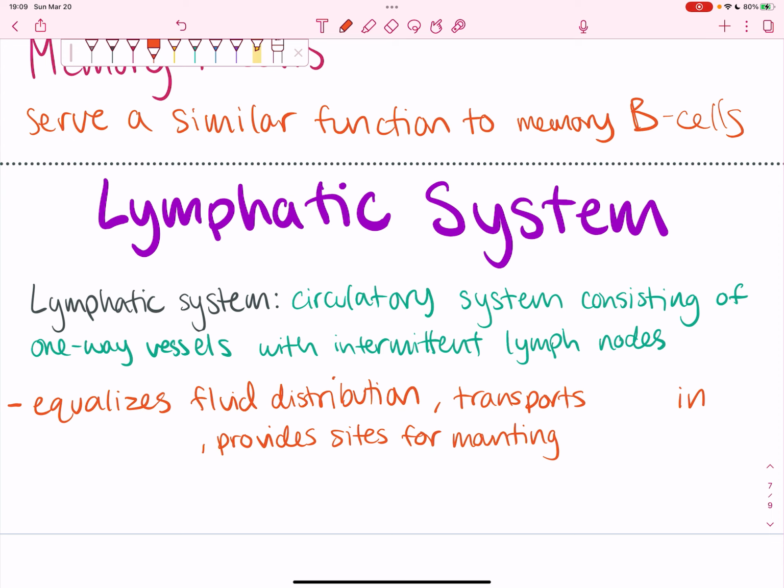Also transports fats and fat soluble compounds in chylomicrons, and also provides sites for mounting immune responses.